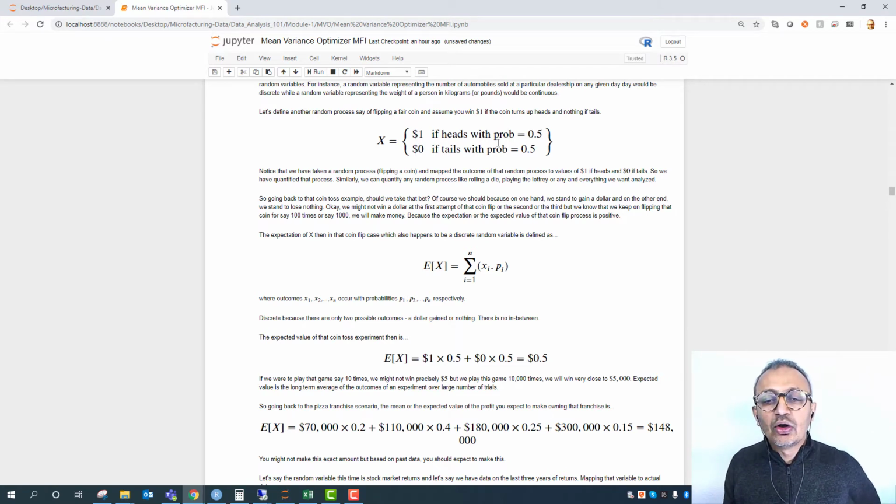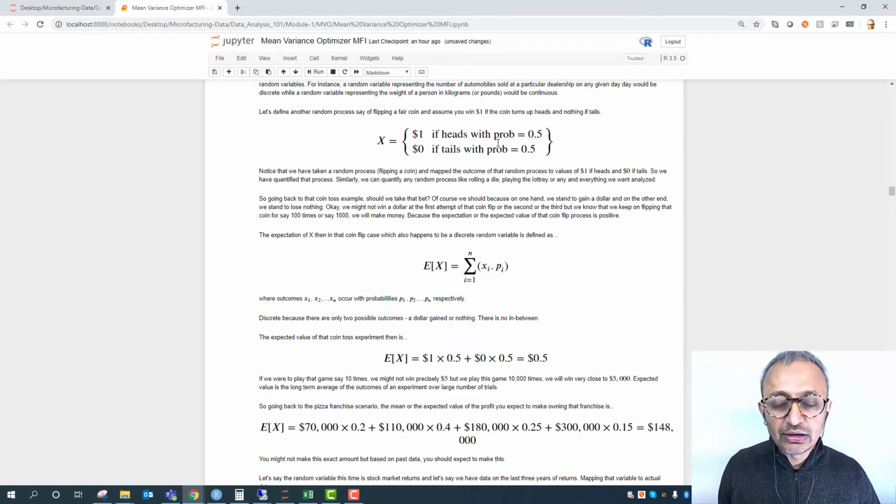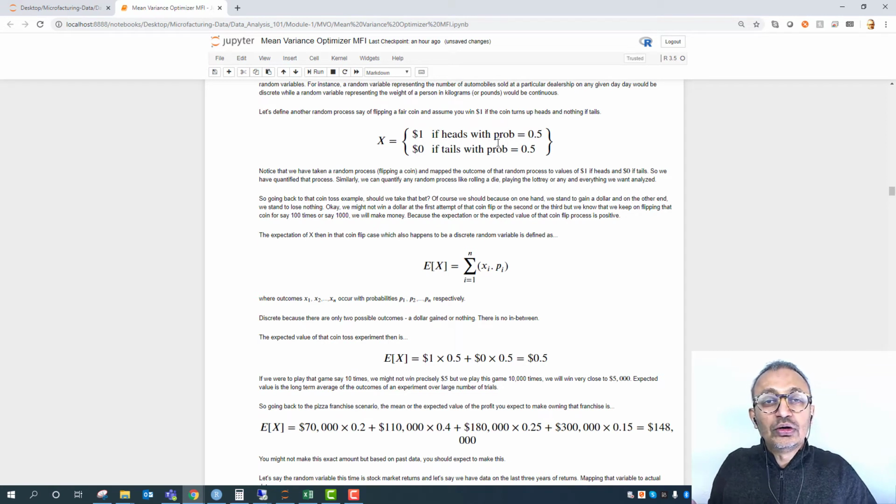Let's say you might not win $1 in the first attempt, or the second or the third attempt, because there is a chance that you flip that coin 10 times. There is no guarantee that you're going to get heads in any of those 10 times, right? It's statistically very, very unlikely, but you could actually have this very unlikely event of ending up with 10 tails in a row.